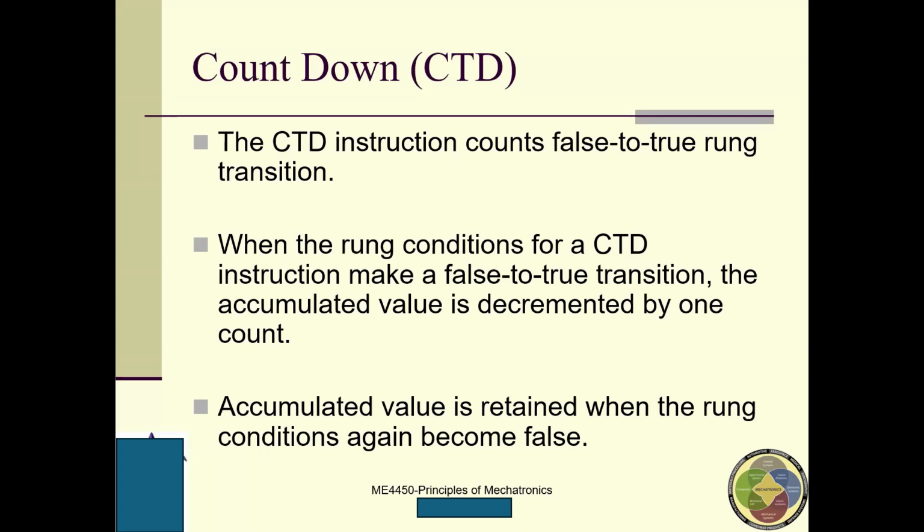So when the run condition for the CTD instruction makes the false to true transition, the accumulated value is decremented by 1 count. The accumulated value is retained when the run conditions again become false.